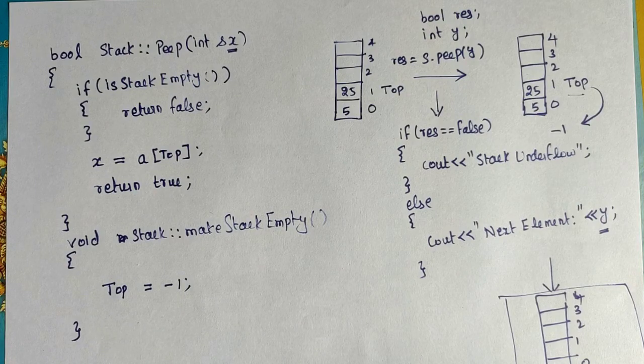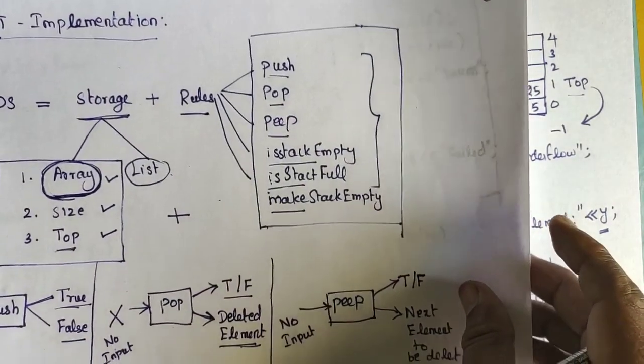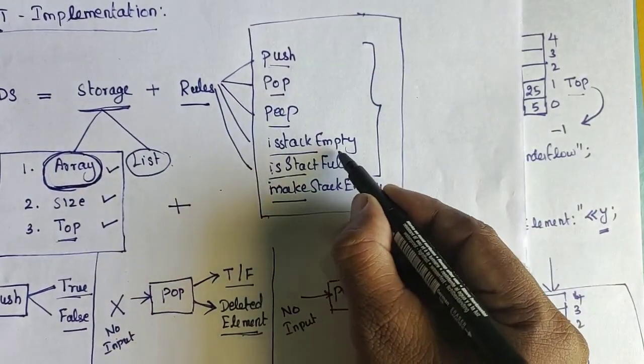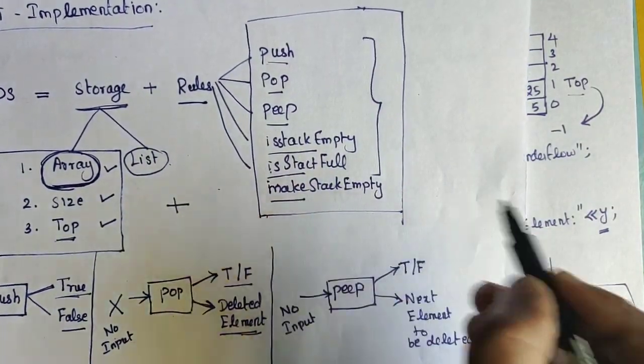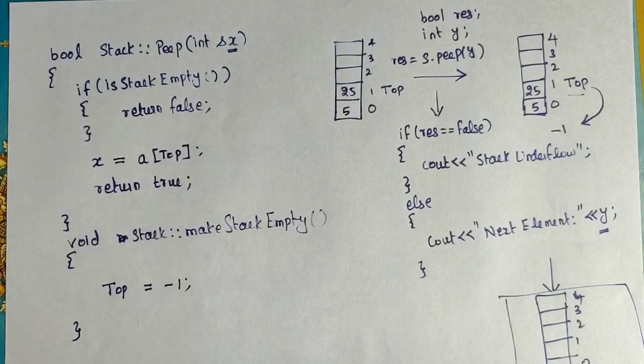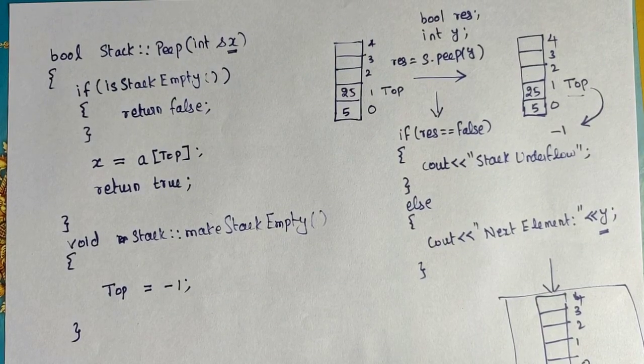So a stack means insert and delete operations, push and pop operations. And along with this we can perform these operations: peep, stack empty, stack full, and make stack empty. So we have now completely defined all the operations in the stack.